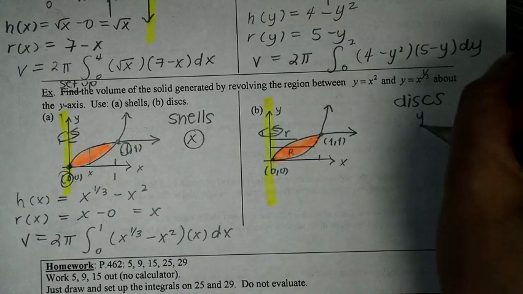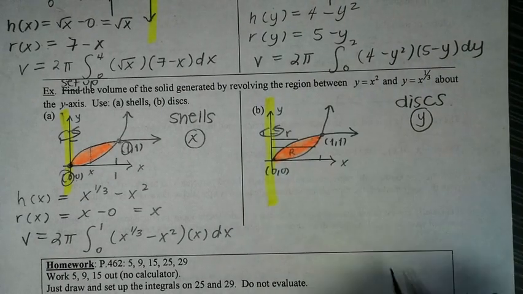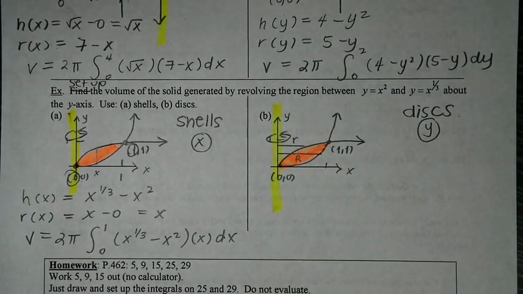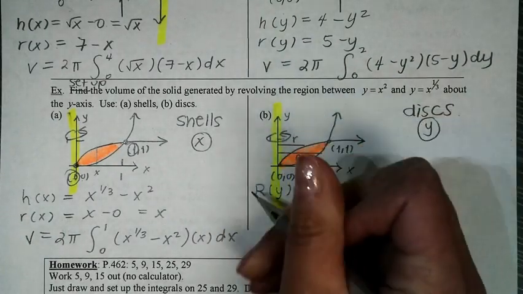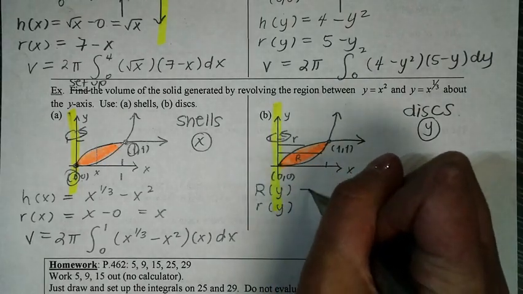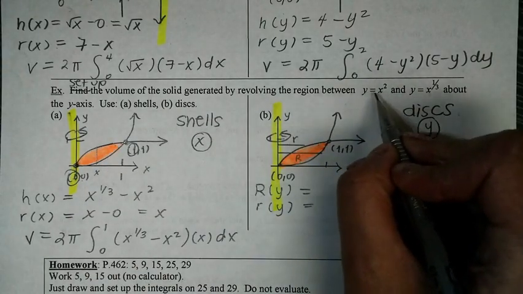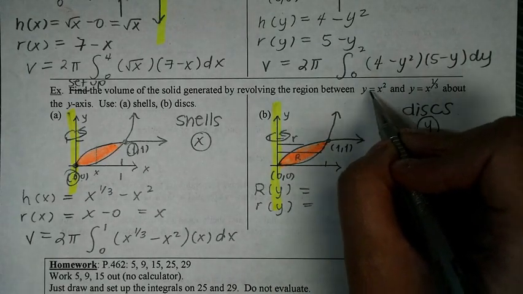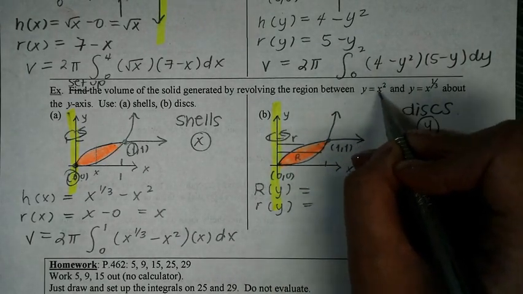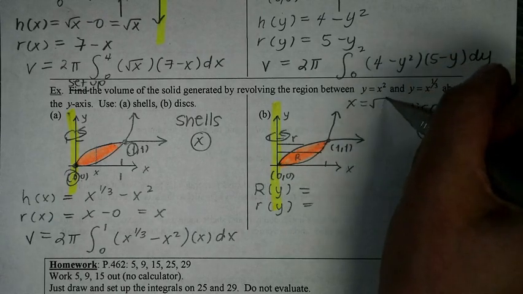I'm going to be working with y's because my representative rectangles here are horizontal. So you're going to have two r's, big R and little r. In addition, you need to change your equations and make them with respect to y instead of x. If I square root both sides here, x is the square root of y.